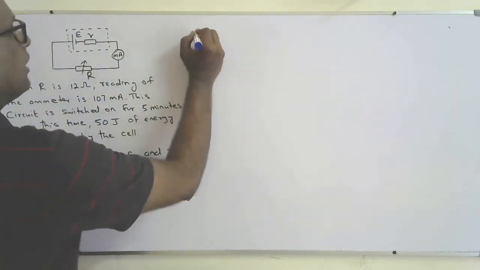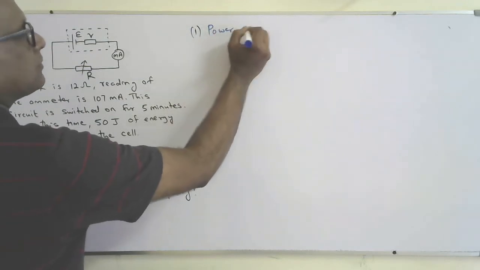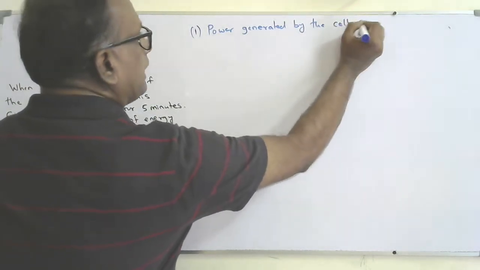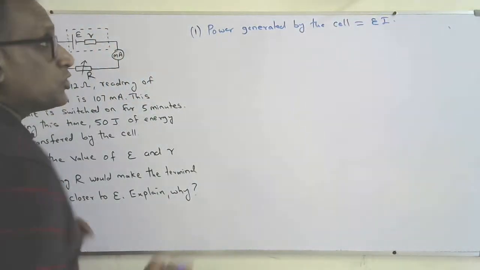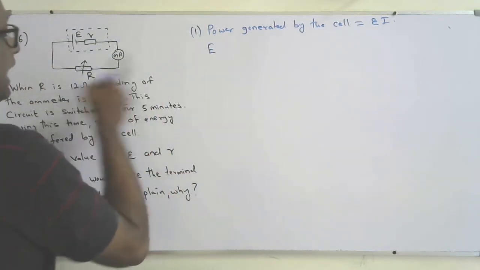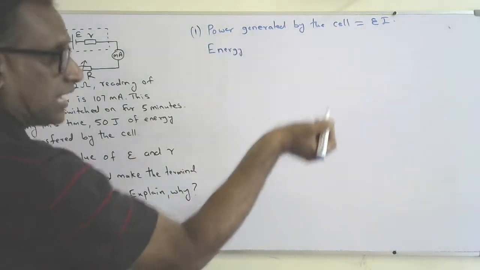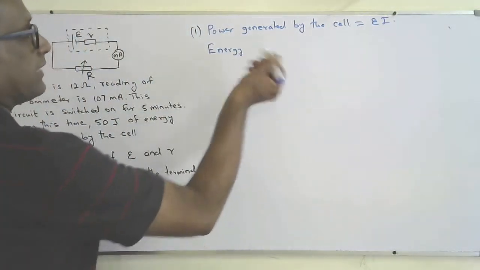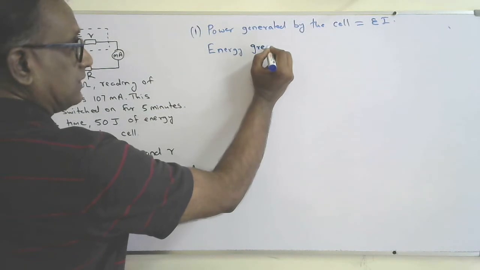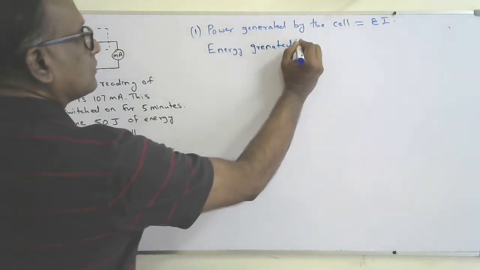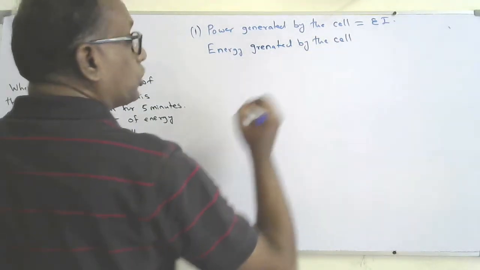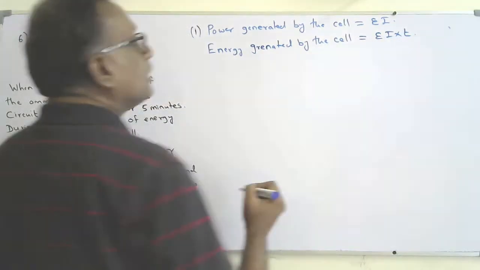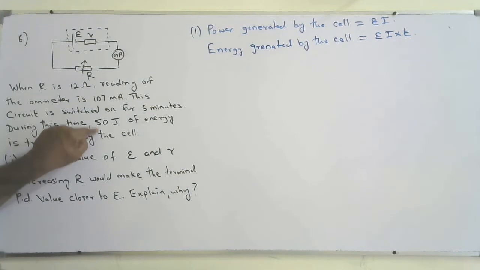So first part, I can say power generated by the cell equals EMF times I. So the energy generated by the cell during time t is equal to power into time, that is EMF I into t. So this total energy is given as 50 joules and I know the current.